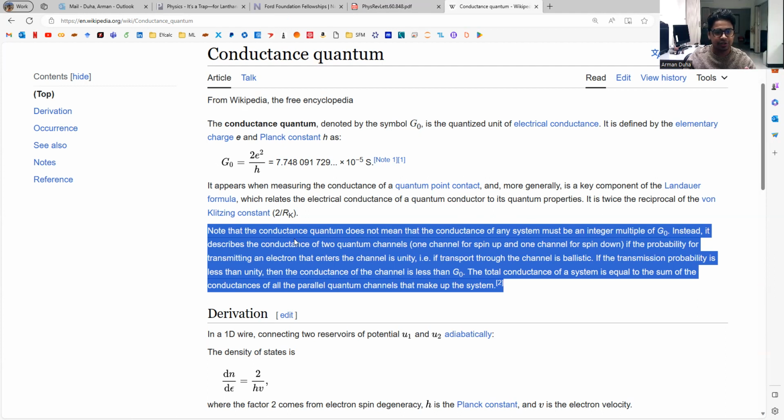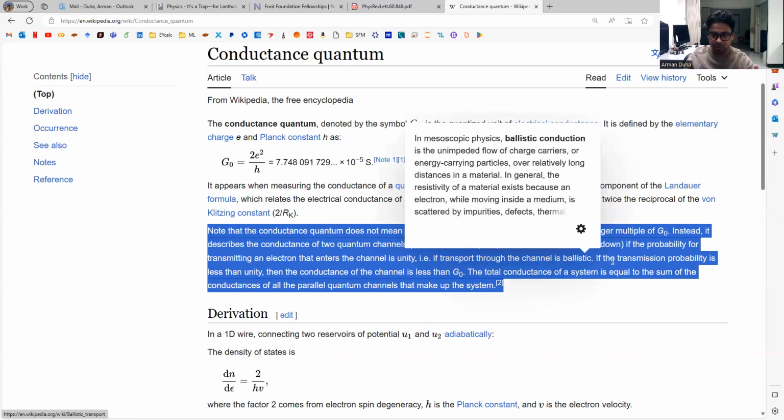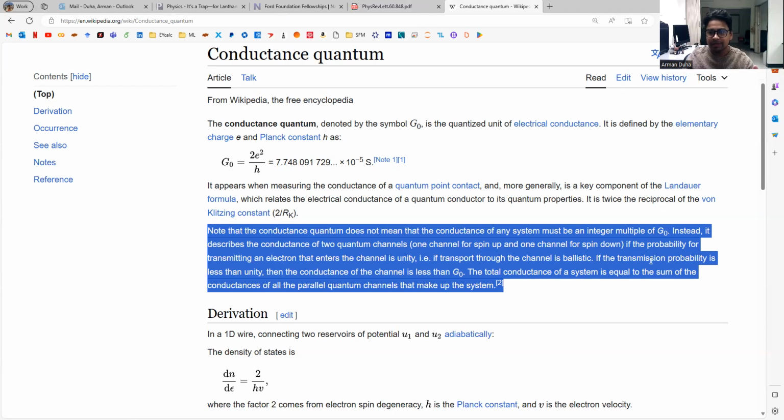If the probability for transmitting an electron that enters the channel is unity, which is the case for ballistic transport, but if the transmission probability is less than unity, then the conductance of the channel is less than G naught. The total conductance of a system is equal to the sum of the conductances of all the quantum channels that make up the system.